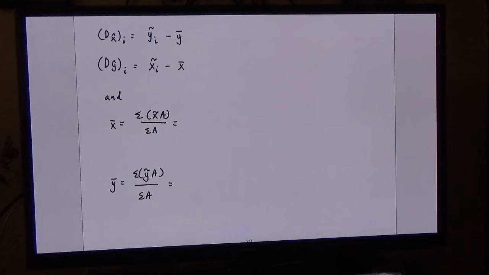And actually note, I've already calculated all the terms that are necessary in this equation. I have x1 tilde, I have a1. I have x2 tilde, I have a2. I have x3 tilde, and I have a3. Notice I have negative here for the holes. Remember, the holes have negative areas and negative moments of inertia.